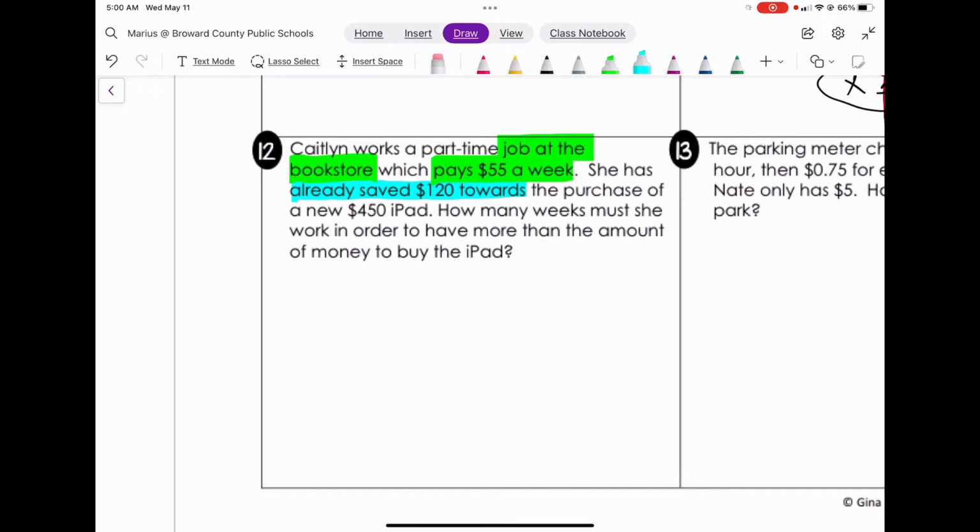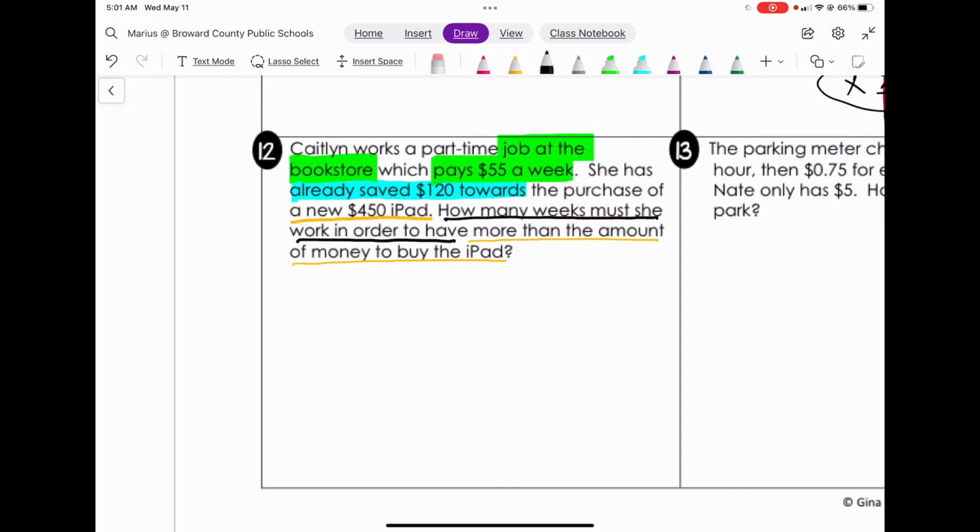And they also told us that the purchase is a new iPad for $450, and she wants to have more than the amount of money to buy the new iPad. And then other than that, we need to define our variable.